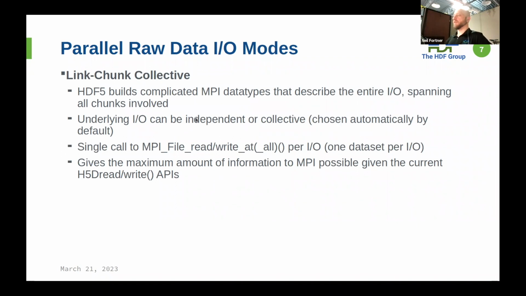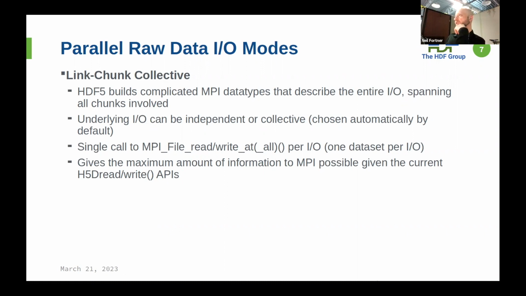And the third, before we get to multi-dataset, the third and most complicated parallel raw data IO method is called linked chunk collective. What it does is it builds on the multi-chunk, but instead of building an MPI data type for each chunk, it looks at all the chunks together and builds a greater MPI data type, an uber MPI data type that contains information about all of the chunks in the data set that are involved in IO.